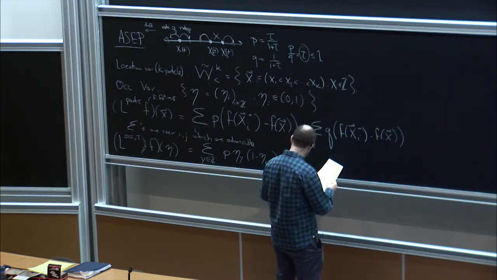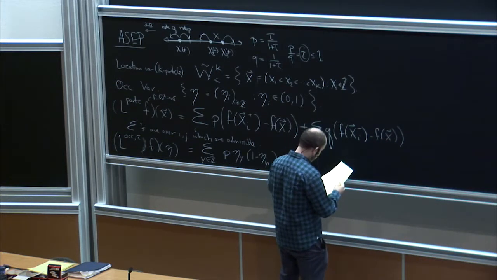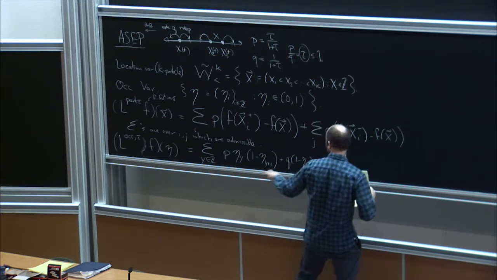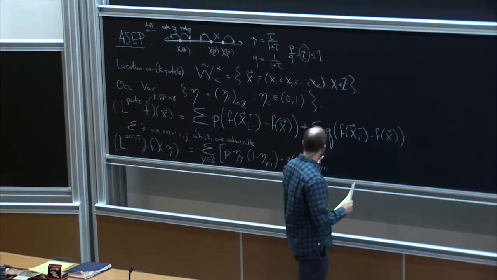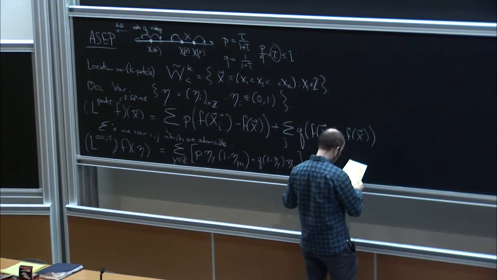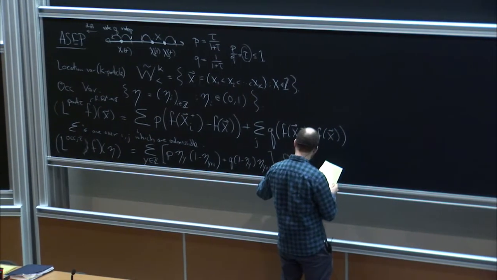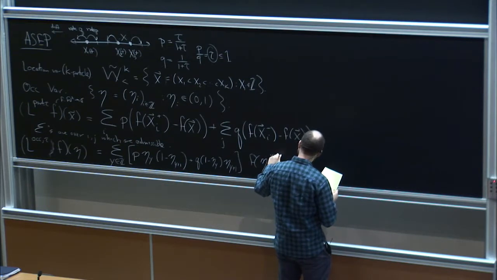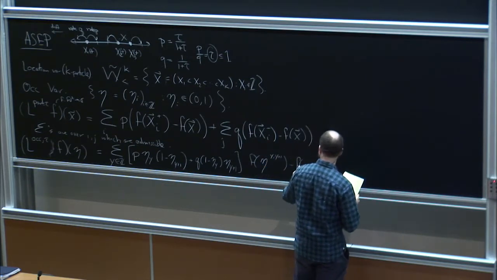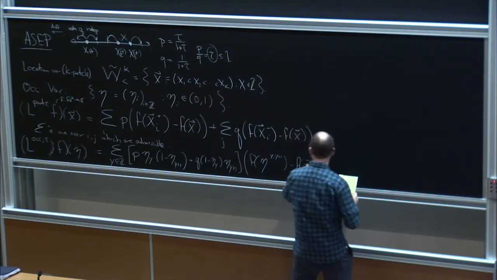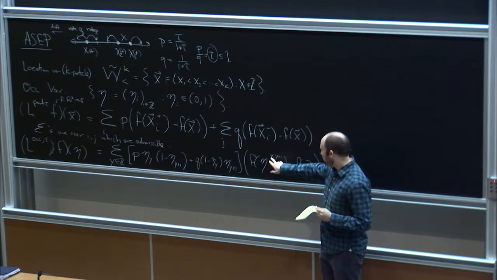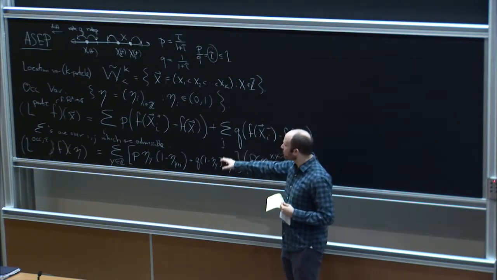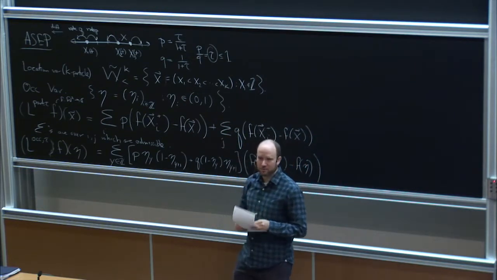You say eta_{y+1} times (1 minus eta_y). So these are the two possible things which would cause a jump across that bond, and then the effect of a jump across that bond I'll just write in terms of the same notation that was used in Sid's talk, which is to say I'll take eta and I'll flip y and y+1. So this is another way of encoding the process in terms of these occupation variables.